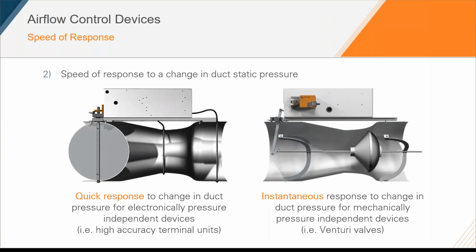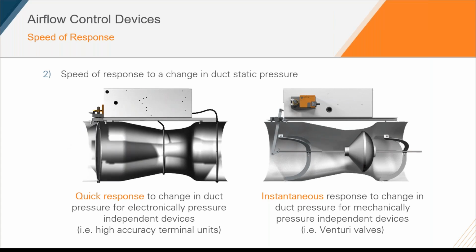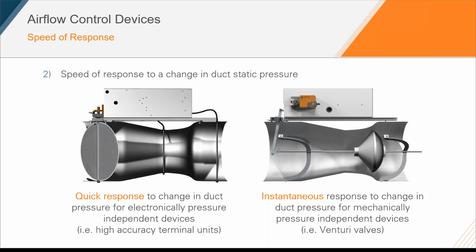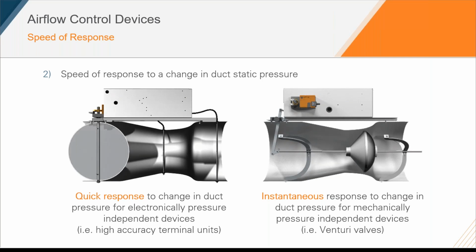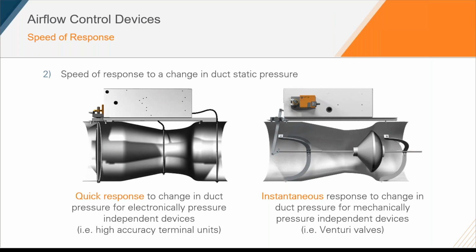With this valve technology, you're going to get a quick speed of response, assuming you're utilizing a higher accuracy terminal unit. Standard accuracy terminal units can get you adjustments due to the change in the static pressure as well. On the opposite end though, with the mechanically pressure independent valve, you're really going to get that instantaneous change when there's fluctuations in that duct static pressure.